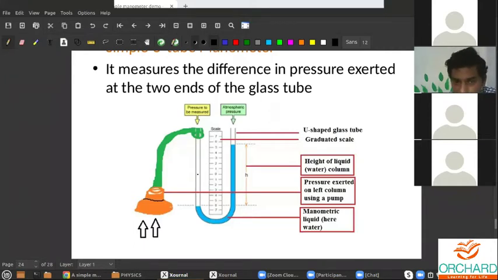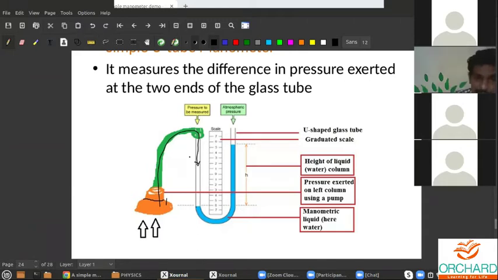If you give some pressure, some air will go inside, the liquid level will decrease on the left side, and it will increase on the other side. If you want to measure the atmospheric pressure here, you can calculate. I will show you how to calculate that pressure later.